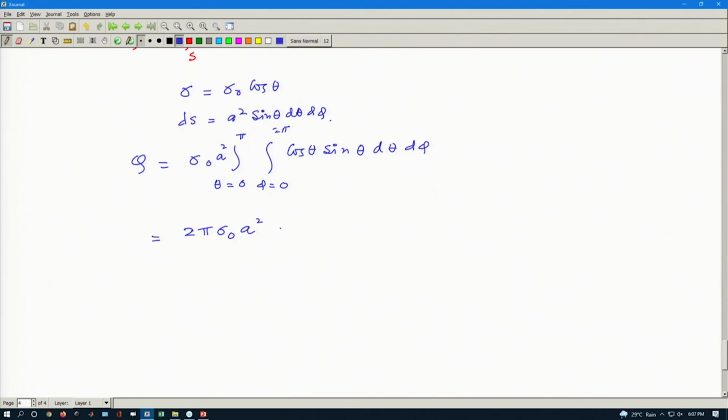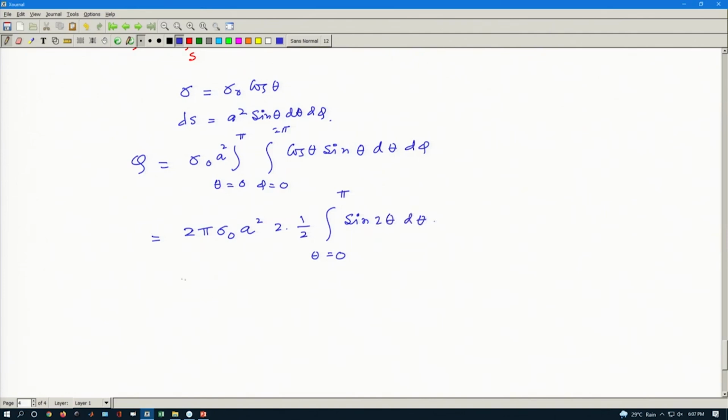Another 2 I can have, 2 multiplied by half, and then my integration over theta from 0 to pi, and cos and sin become sin of 2 theta d theta.